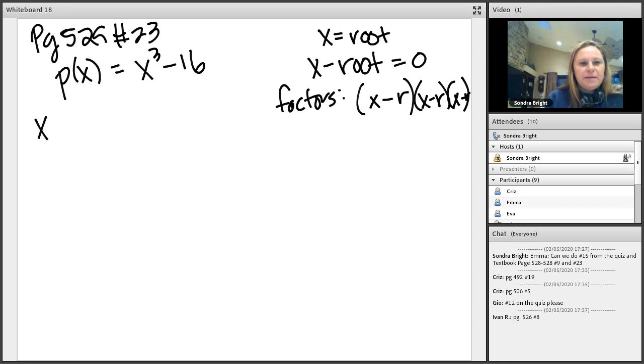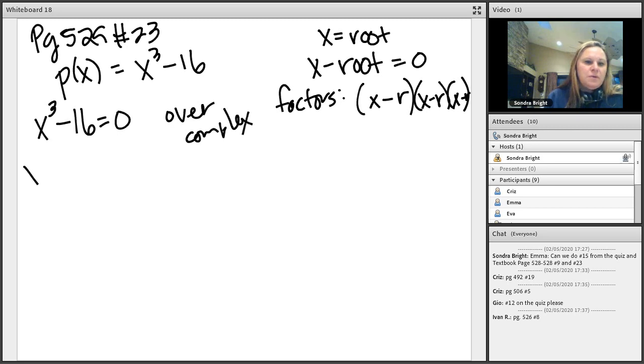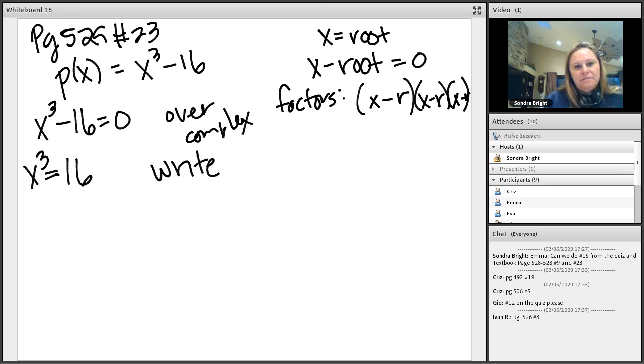So what I'm doing is I'm solving this guy over complex numbers. And so it would be x cubed is equal to 16, right? And then you want to write 16 in polar form as a polar number, because 16 is rectangular.